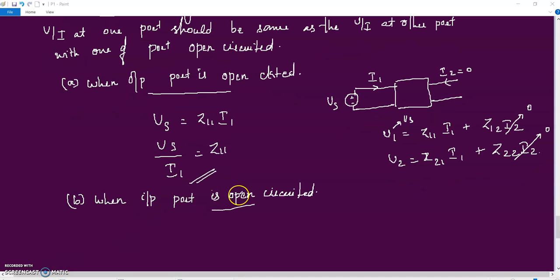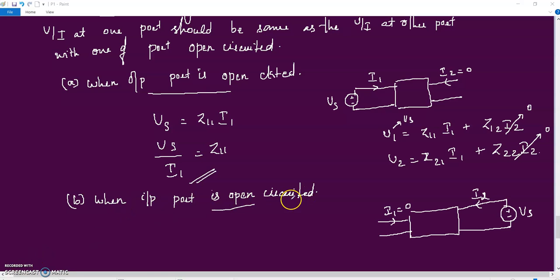Second case, when the input port is open circuited, we have a circuit like this. At the output, we have applied the voltage and we have got a current, and the input port is open circuited.